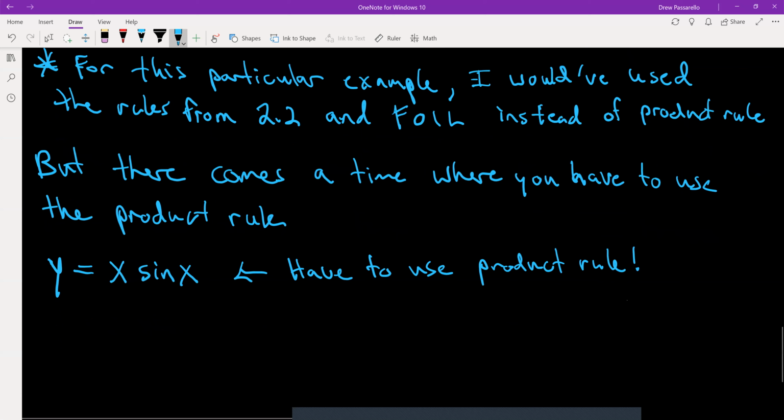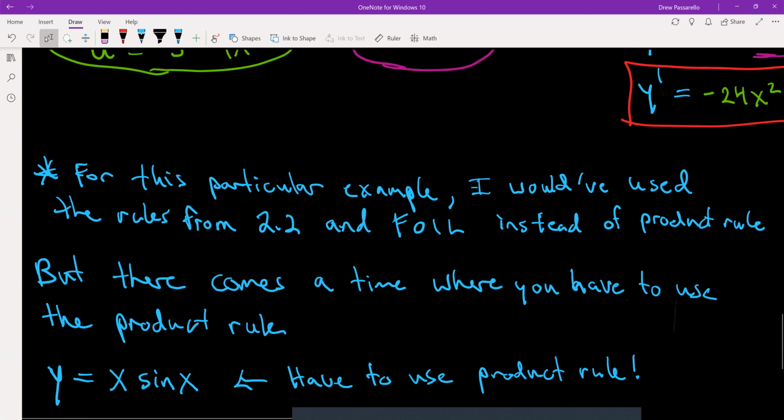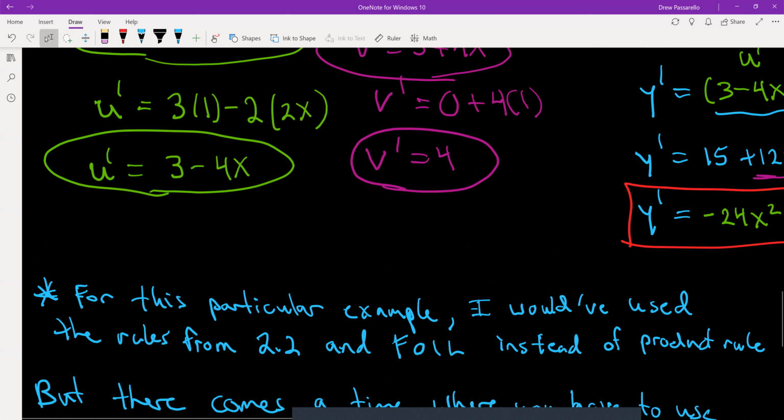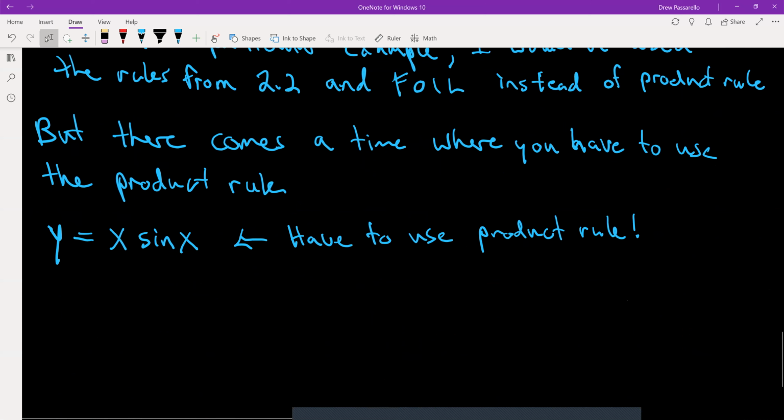I'm not going to keep changing colors like I did; that was just for the sake of demonstration, using green for u and purple for v. Now I'm just going to work it all the way out. The product rule is the following: u prime times v plus u v prime.